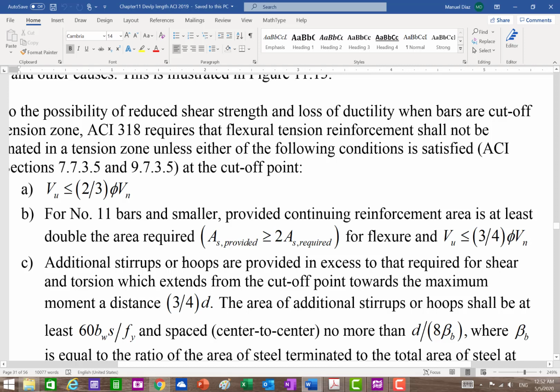You need to provide either additional stirrups or hoops in excess of that required for shear. So you may have your nice spacing, remember you did everything at 10 inches, very nice. Oh, but you do a cutoff, you may have to put more stirrups in that area, and those may be at 5 inches or 4 inches, depending on what you need, because you need to satisfy that requirement.